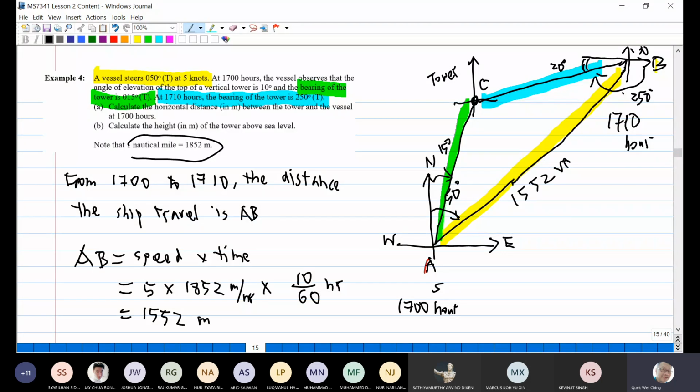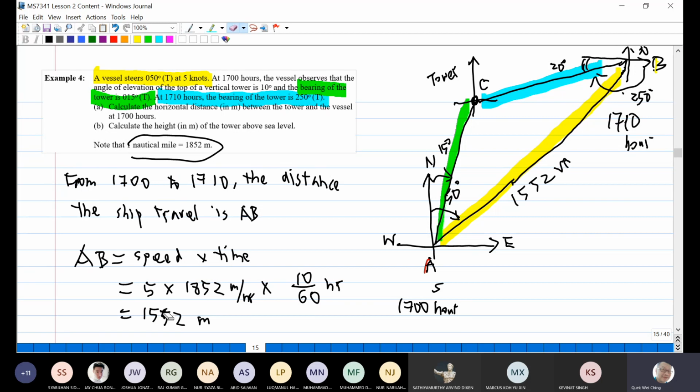So that's the triangle: there's a ship at point A at 1700, and then there's a tower. A student asks: for speed times time, how can I get 1543? Let me check whether I got it correct. 5 times 1852, times 10 over 60. Yes, 1543, correct.